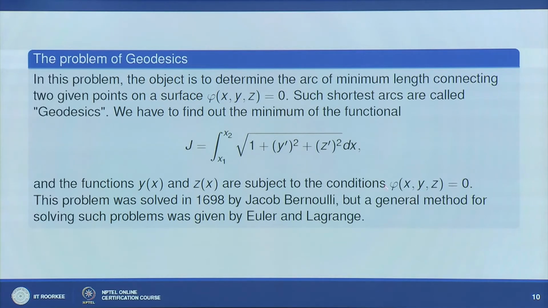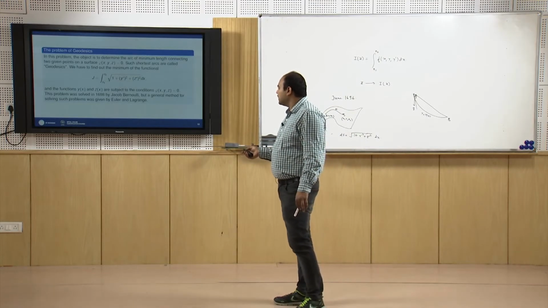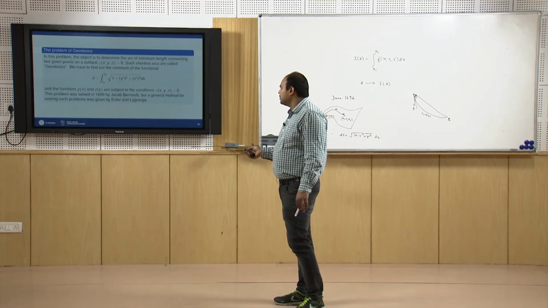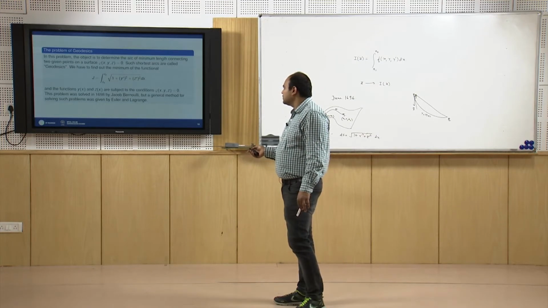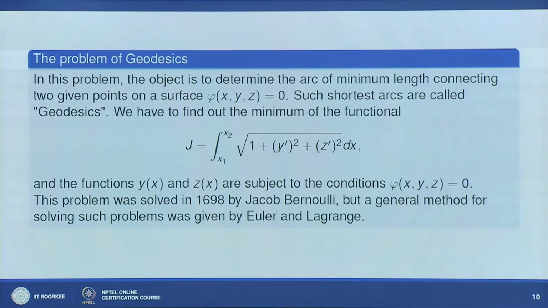So we can say that it is a kind of constrained functional problem, a problem with certain constraints. Here we have to minimize this functional provided that it satisfies the given constraint, that is, x, y, z are related by phi(x, y, z) equal to 0, so it lies on the surface.